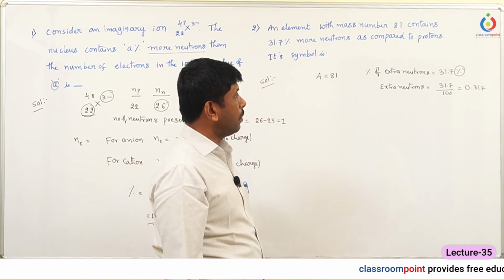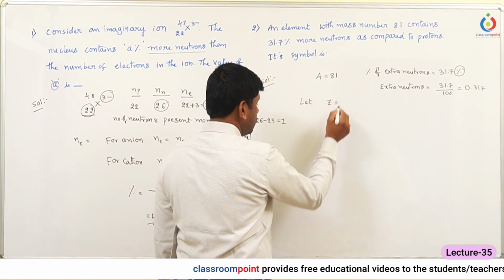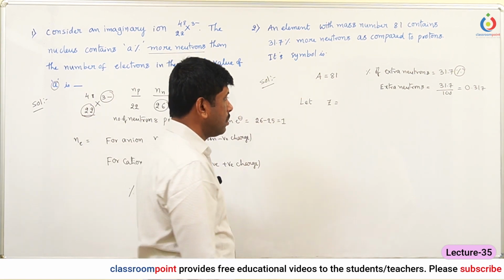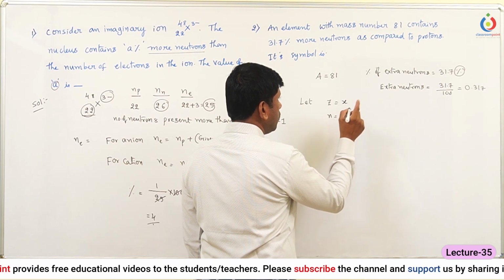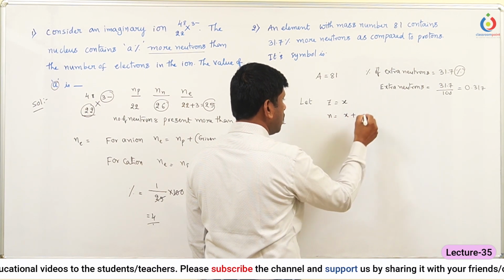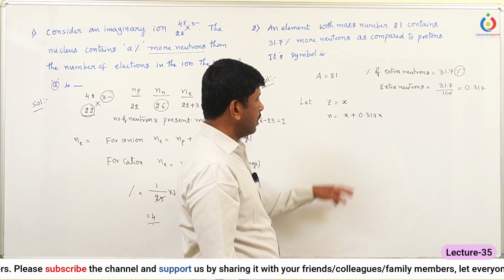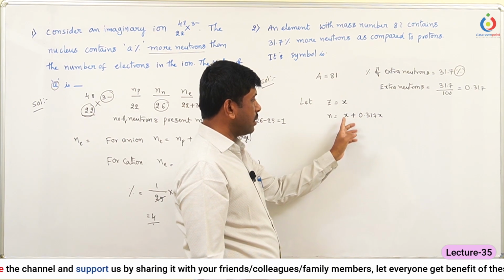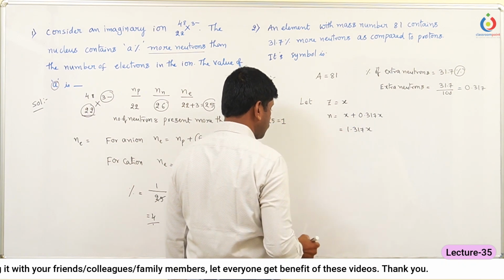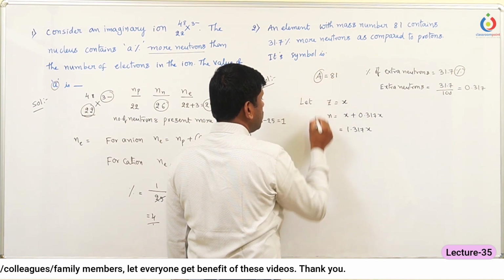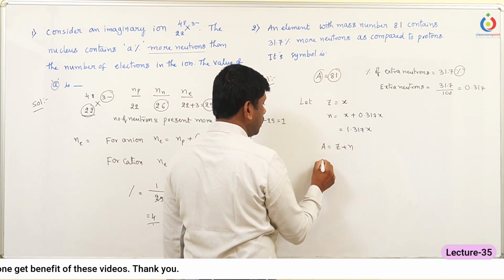As we don't know how many protons are present, let us consider the protons Z equal to X. And the number of neutrons is equal to X plus the extra, how much? 0.317 X, because this much is extra in addition to this X value. So the number of neutrons now becomes 1.317 X. Now the mass number is equal to Z plus N, and the mass number is given as 81.